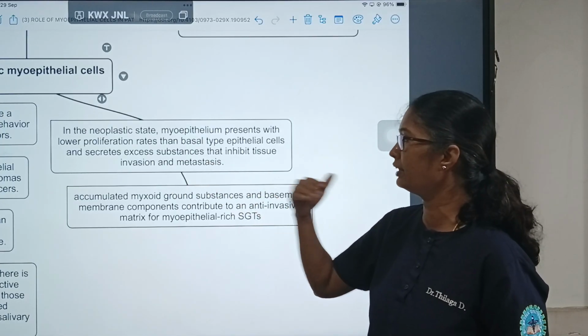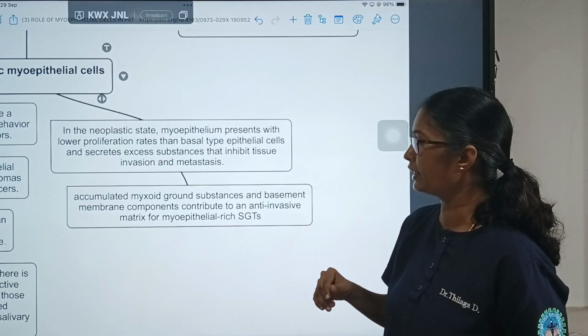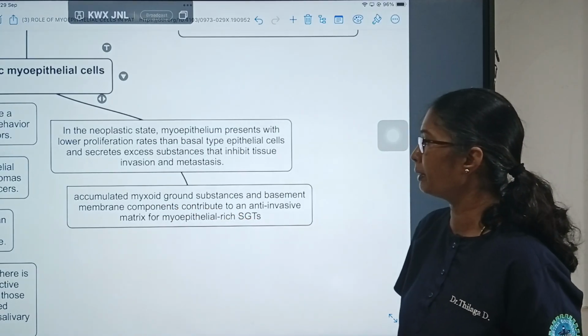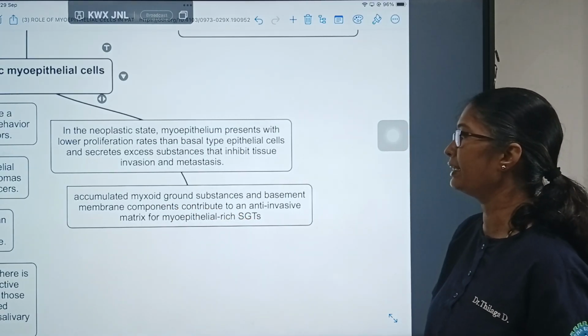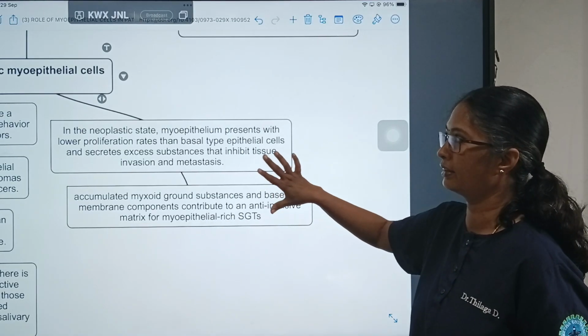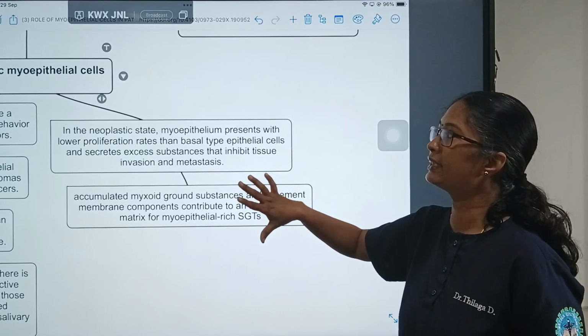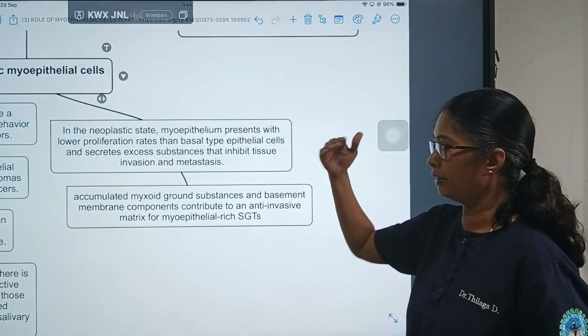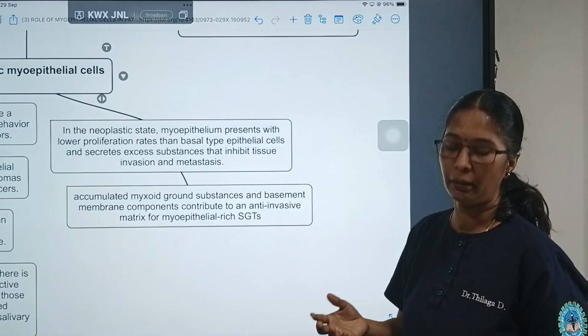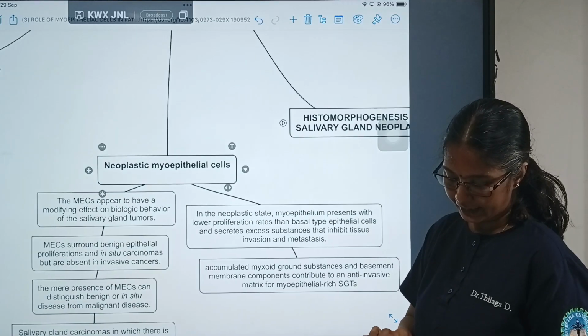So it tries to prevent the invasion of cancer into the connective tissue. An accumulated myxoid substance and basement membrane components contribute to an anti-invasive matrix of myoepithelial salivary gland tumors. This shows how myoepithelial cells are very important in preventing the progression of cancer and in distinguishing between a benign and a malignant lesion in a salivary gland tumor.